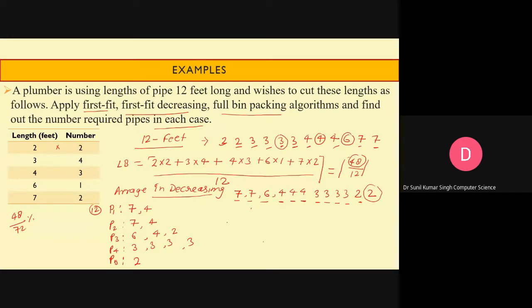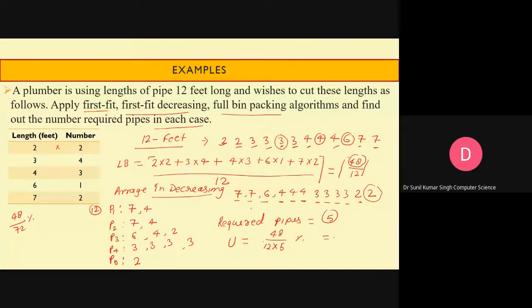Now, the required pipes are how many? 5. And if you are going to calculate the utilization, what will the utilization be? 48 divided by 60, that is 12 into the number of pipes, 60, which is 80 percent.